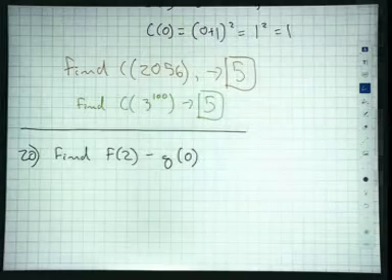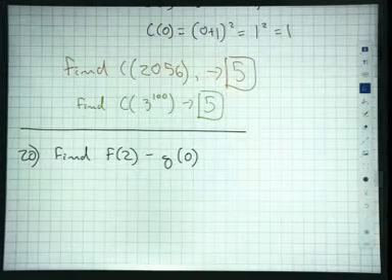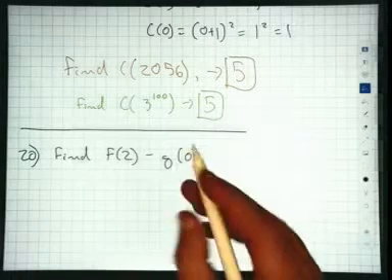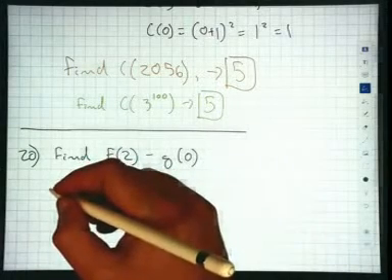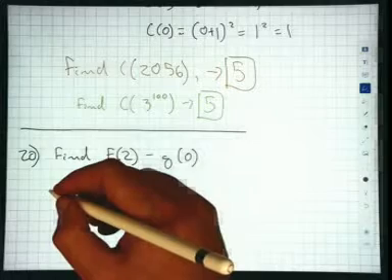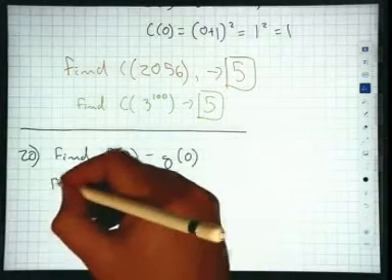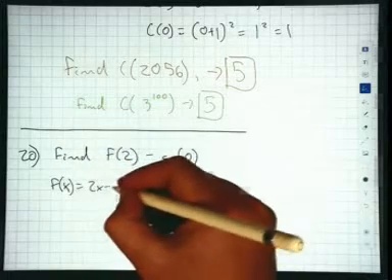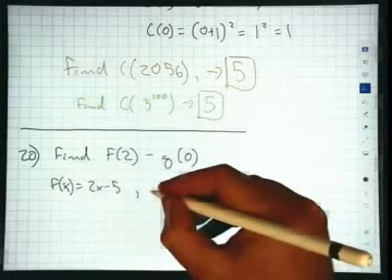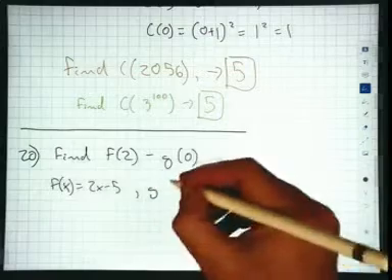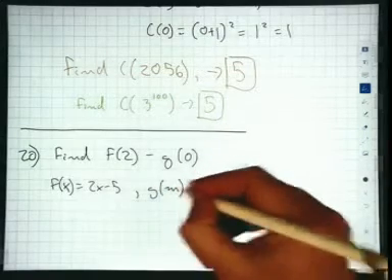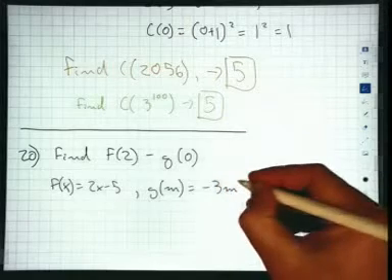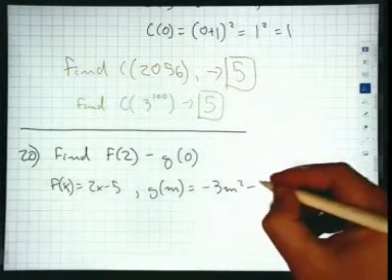So, just looking at this problem, I already know that I need to know what function f and function g are. So I go back up to the functions: f of x is equal to 2x minus 5, and g of m is equal to negative 3m squared minus 1.